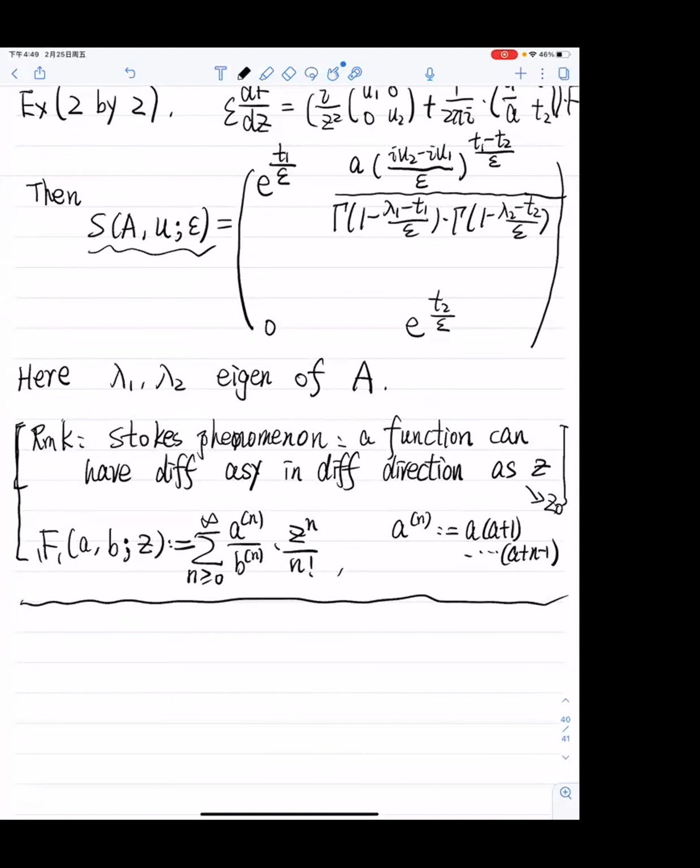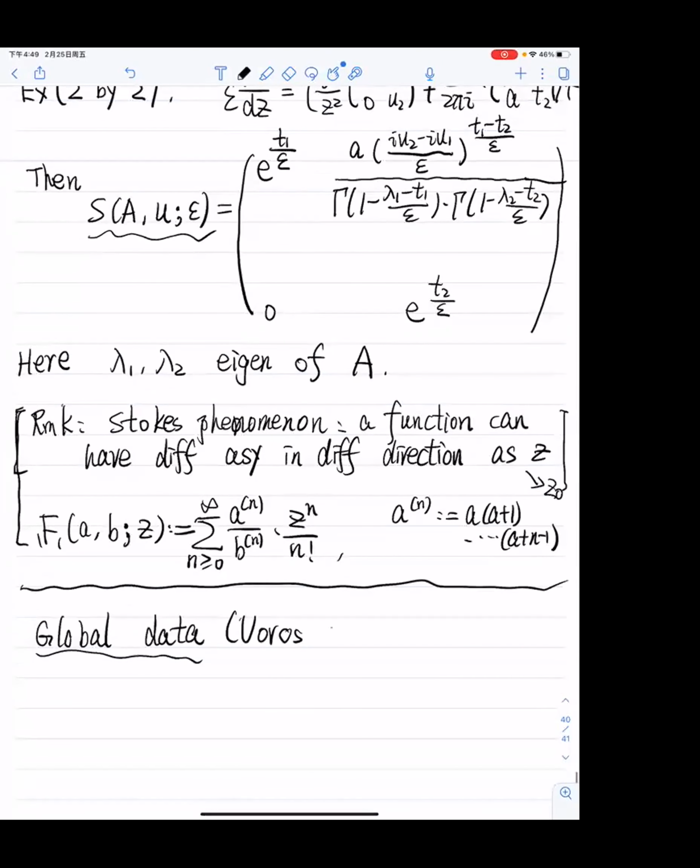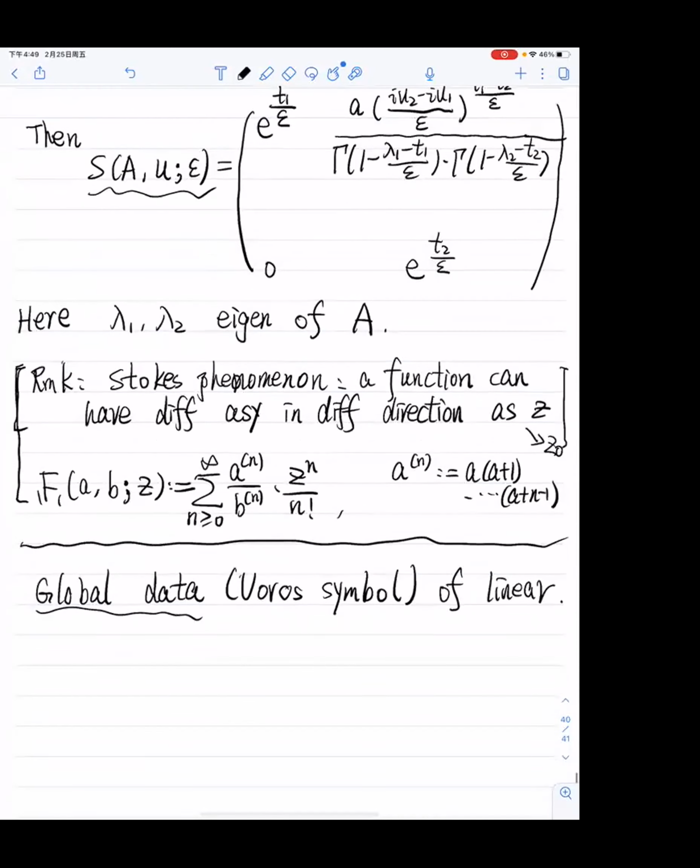They are actually what I mean by global data. If you know WKB for quadratic differentials, this is sort of the exact summation of the Voros symbols of our system. Okay.